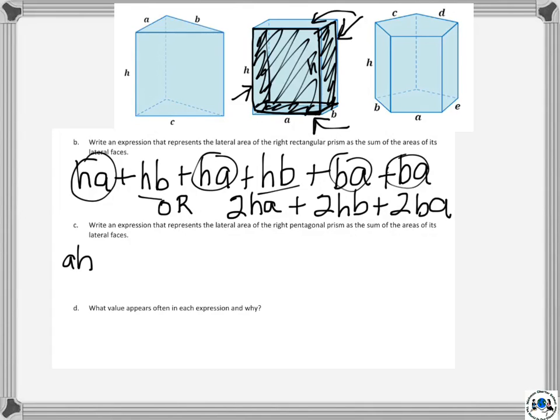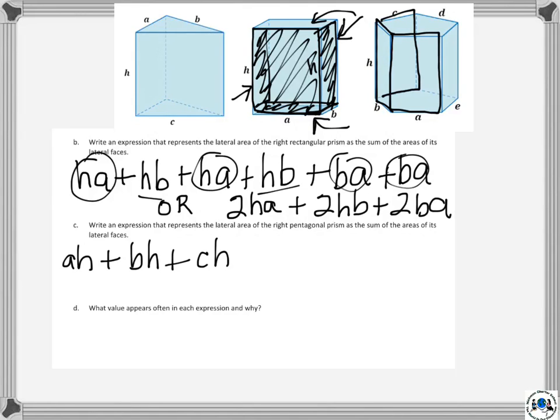Okay, so here we go. First we have AH. Again, H is real popular here. AH, and that's that lateral face. And then we have BH, which would be right here. CH, that's that one back there. And again, we're just talking lateral faces like we have the whole time.